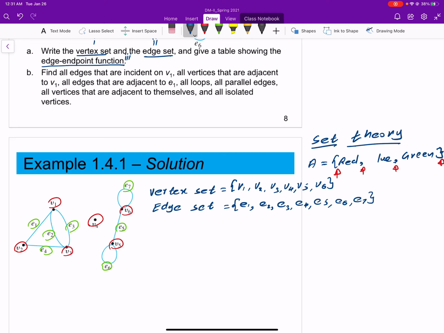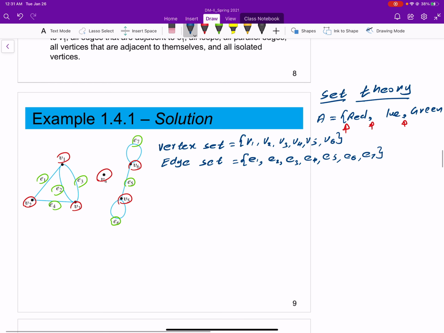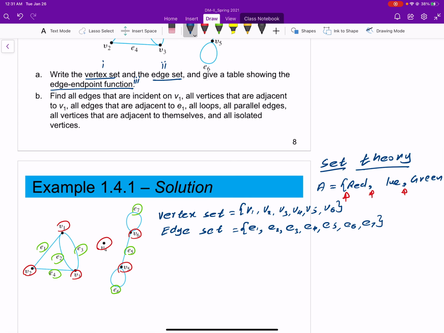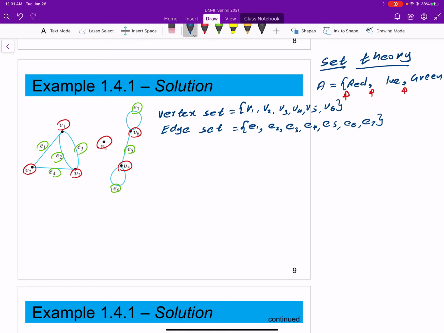So these are the edges. There are 7 edges and 6 vertices. These are the vertex set and edge set. Now we move forward. We have to find the edge endpoint function. So this is the edge endpoint function.